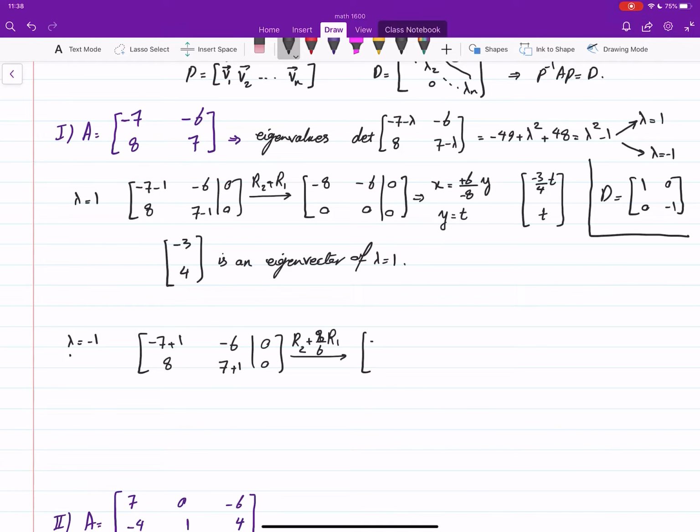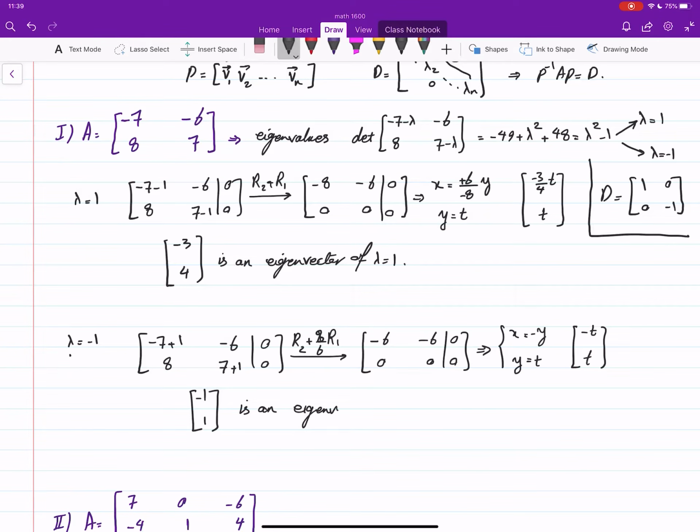This will give us -6, -6, 0, 0, 0, 0. And from this, you see that x is negative y, and y is a free variable t. So we have -t, t, and from that you pick any value of t. Here I'm going to pick t equal to 1, which gives us -1, 1 as an eigenvector of lambda equal to -1.